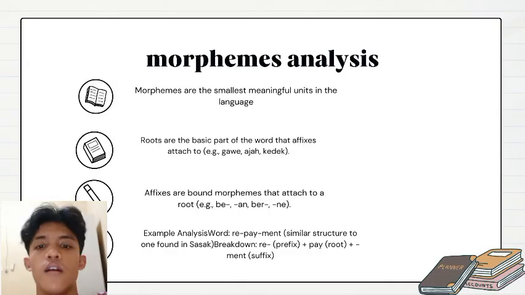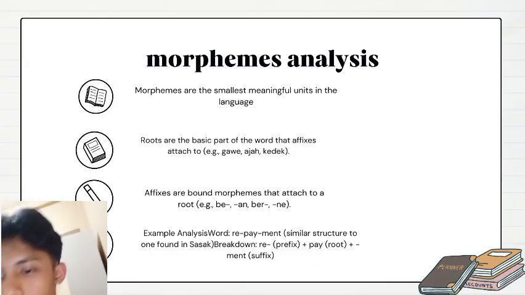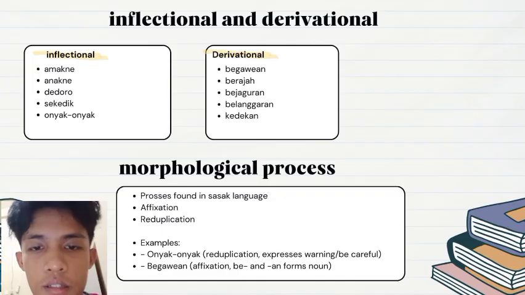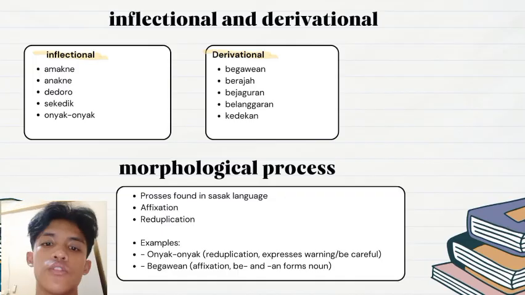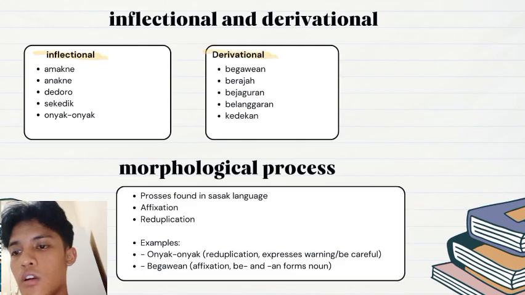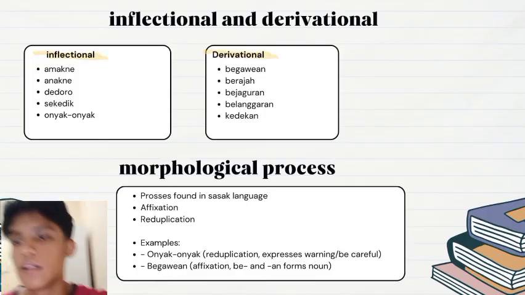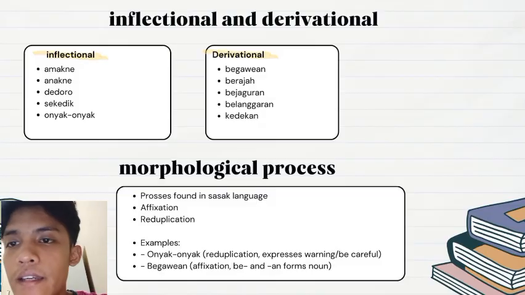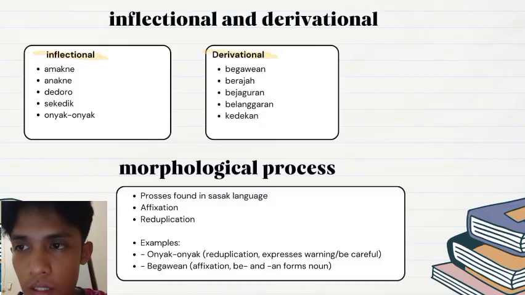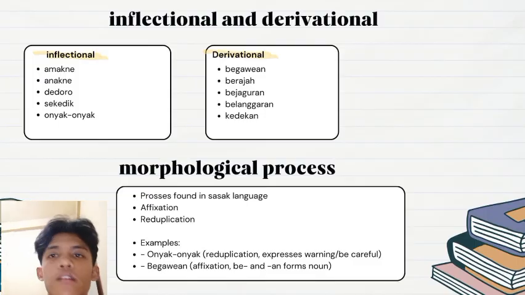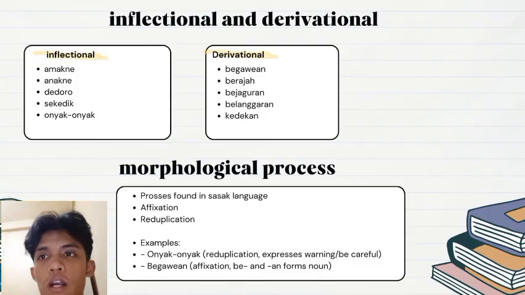I will give you examples of inflectional and derivational words. The first is inflectional. There are a lot of Sasak words that are inflectional. For anakne and amakne, the bound affix ne is attached to the root words anak and ama to mark possession.